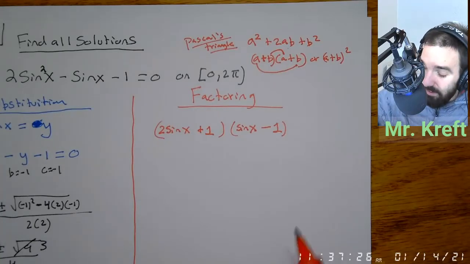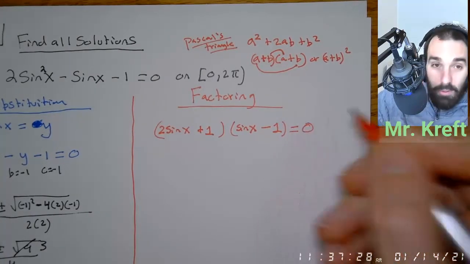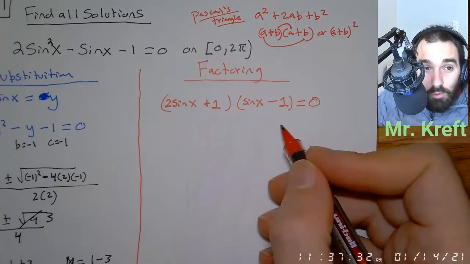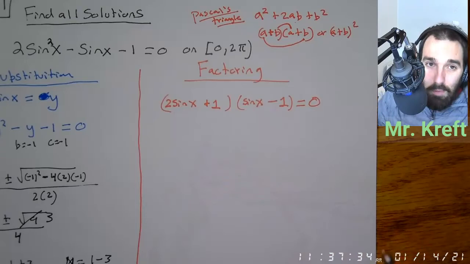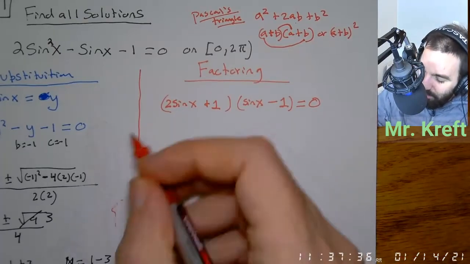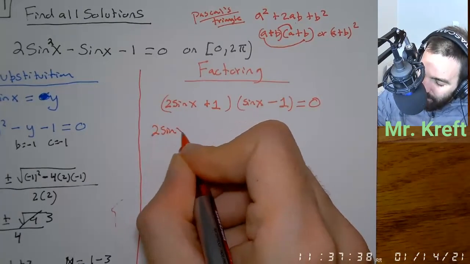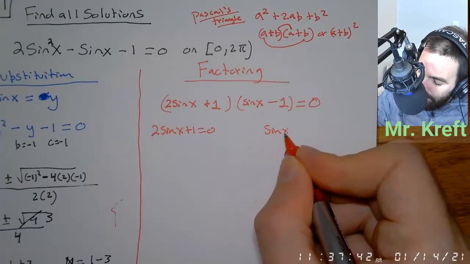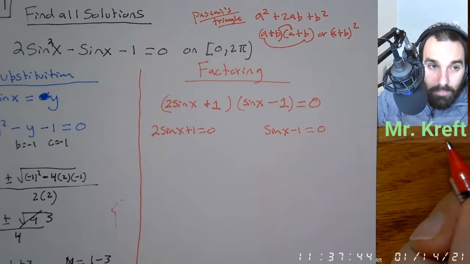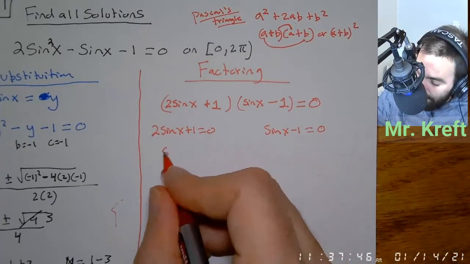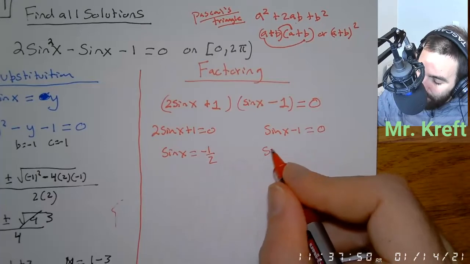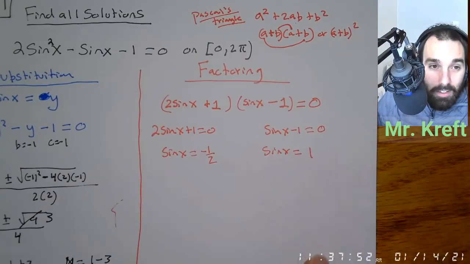I hope that was helpful. But this is the superior way of solving, because right here I'm going to use the zero product property, ZPP, and say 2 sine of x plus 1 equals 0, and sine of x minus 1 equals 0. If I solve these, I get sine of x equals -1/2, and sine of x equals 1.